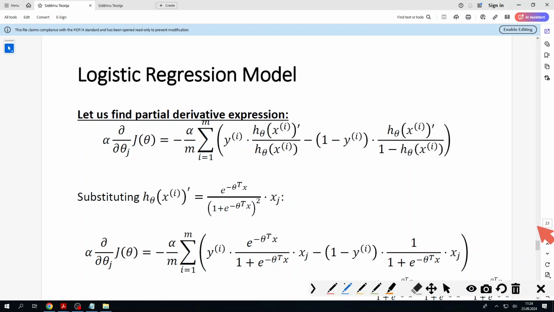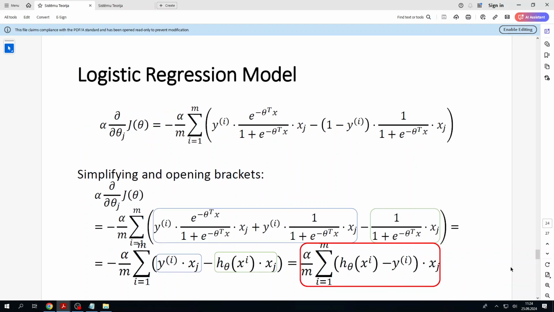And what we can do further is open these brackets, to have it separated. Because this denominator and this denominator are exactly the same, we can even factor out something from here. So doing that, here we have it. Yes, open the brackets.